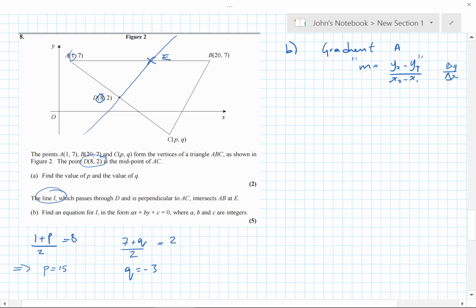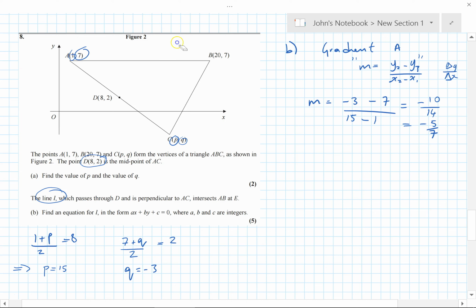So m is equal to the value of q, which is minus 3, minus 7, all over this value here, p, which is 15, take away 1. So that's minus 10 over 14, so that's minus 5 over 7.